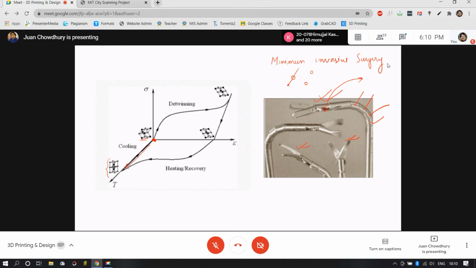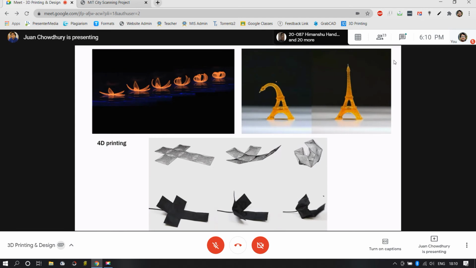Okay, so moving on to the 4D printing concept, as you can see, the Eiffel Tower was printed this way, and as slowly the heat went out of the system, the Eiffel Tower was in erect position. So the application can also be extended to something called origami, where you take different shapes and try to make one single object.